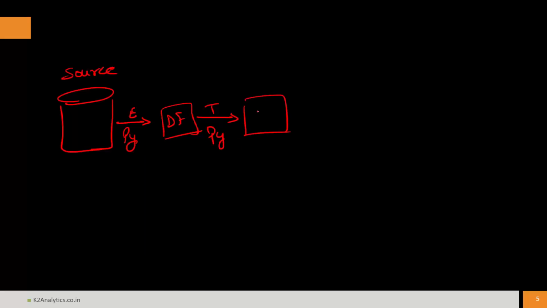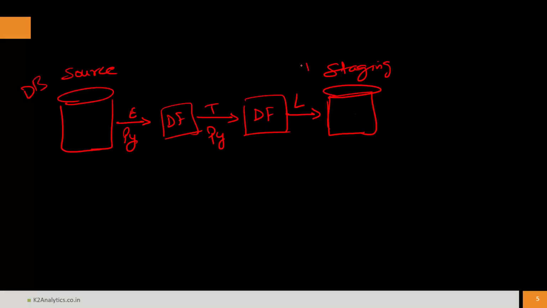You will get a new data frame. This you will push, basically load, to a staging area. Typically, most of the time, staging would be a database. So I'm assuming source to be a DB, and staging again to be a DB.